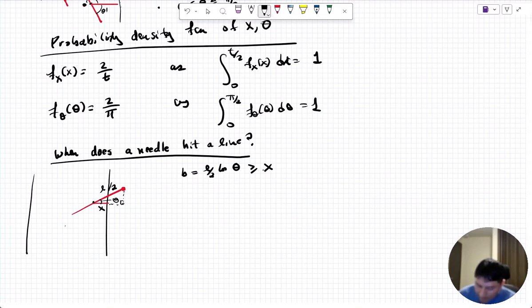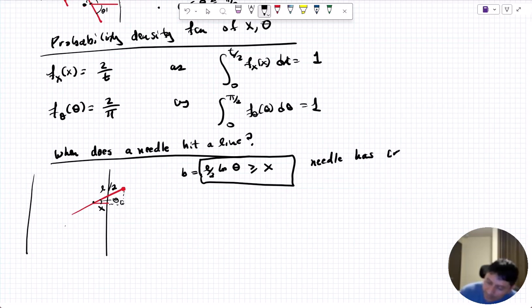So this is the condition: L over 2 times cosine of theta has to be greater than or equal to x. When this condition is met, we know for sure that the needle has crossed the vertical line.